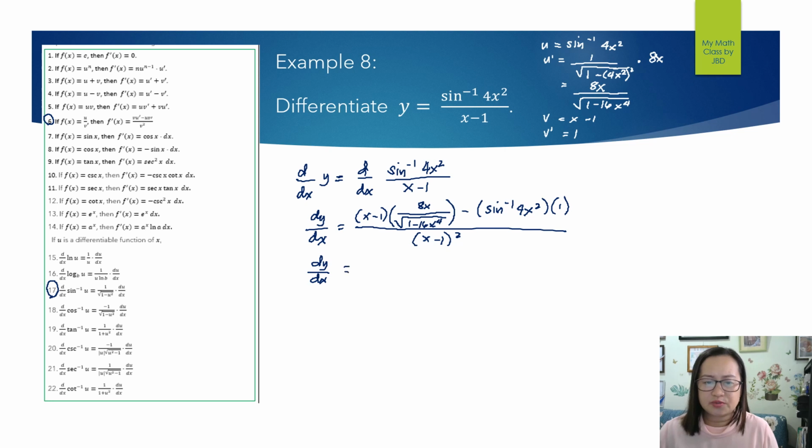Okay, so now in order to simplify the numerator, we have to multiply the second term by the square root of 1 minus 16x to the fourth power, so that we can write it using a single fraction bar.